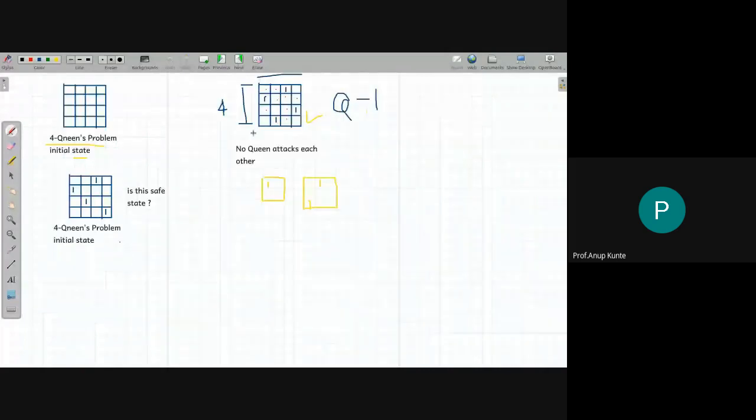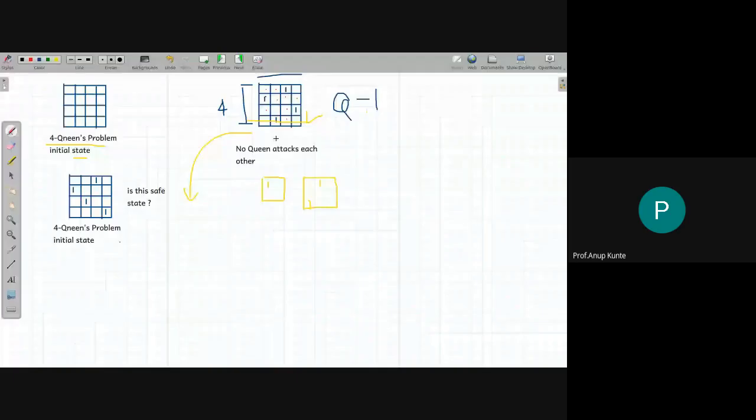The state will be input to our goal test, and the goal test will try to validate if the queens are hitting each other by doing something of this sort: checking the attacking cells of a particular queen, making a list of all the attacking cells by, say, queen 1, queen 2, queen 3, queen 4, and trying to do an intersection between them and finding out there is no other queen in the intersection.